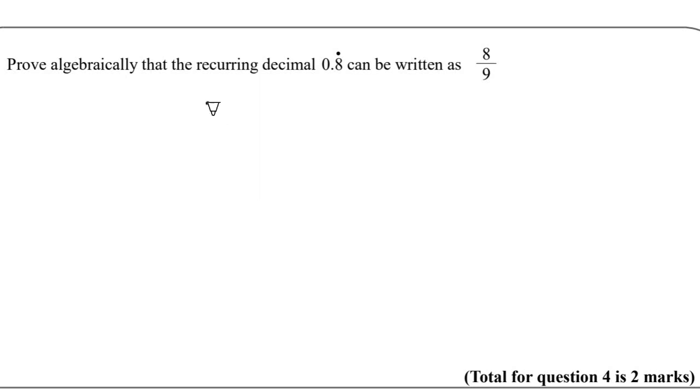Now 0.8 recurring. So when there is a dot on top of 8, that means that 8 will keep repeating. And now we need to find a way to show that this recurring decimal is 8/9.